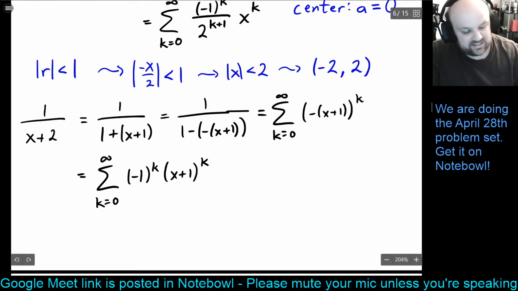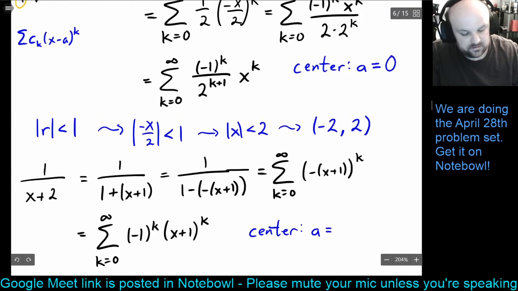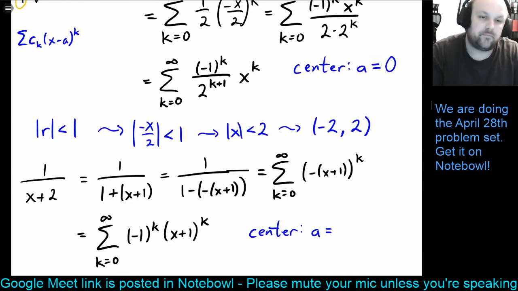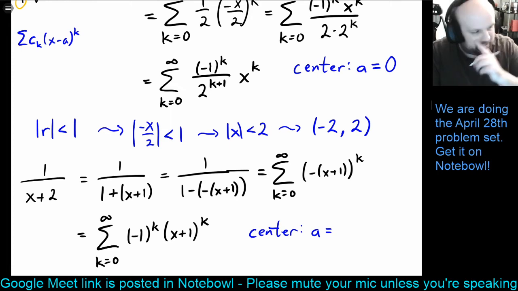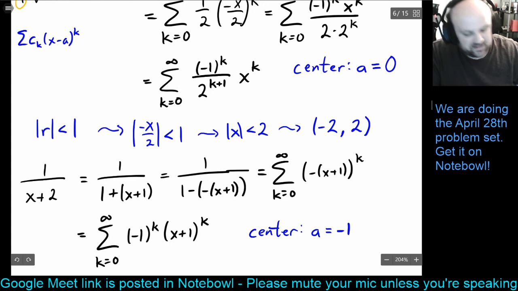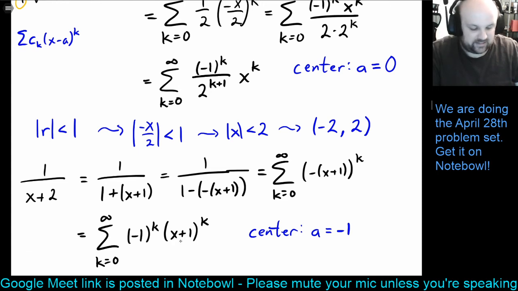So what's the center of this power series? Negative 1. Yeah, this would be negative 1, because this would be x minus negative 1 in here.